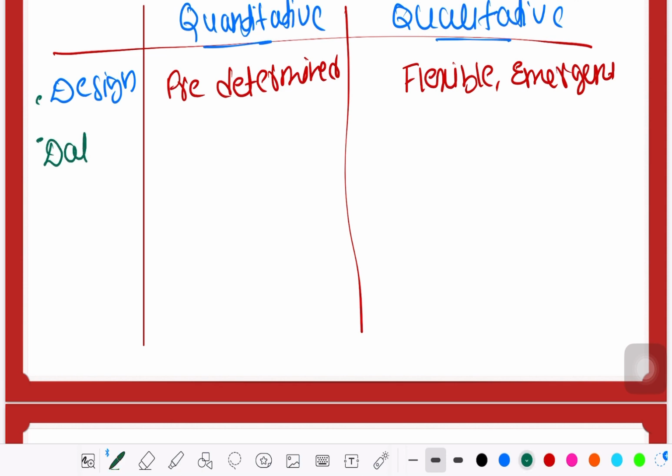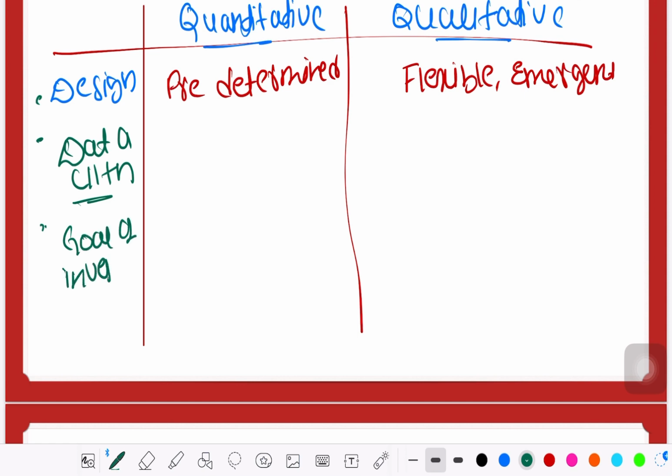Next is what are the various methods for data collection, the tools which you use for data collection, which we all know. Quantitative tools here, techniques of data collection. Next, what is the goal of investigation? The quantitative people focus on prediction, whereas the qualitative people focus on discovering.